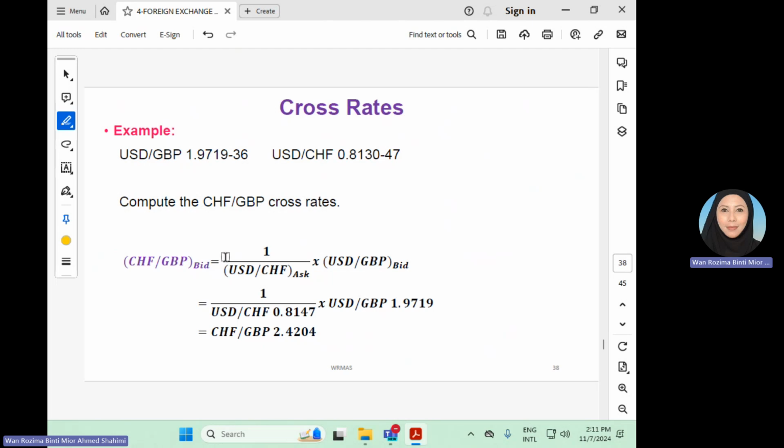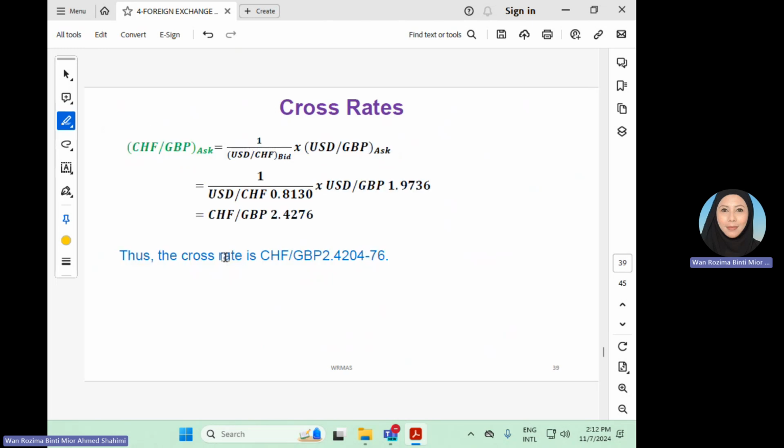With bid price and ask price, you can do that forward, but you cannot now. So then compute the Swiss franc against British pound cross rates. Since you have bid price and ask price, you have to do it twice, for bid and for ask. So this one for bid and this one for ask. And then at the end you combine, and you get cross rates, bid and ask.